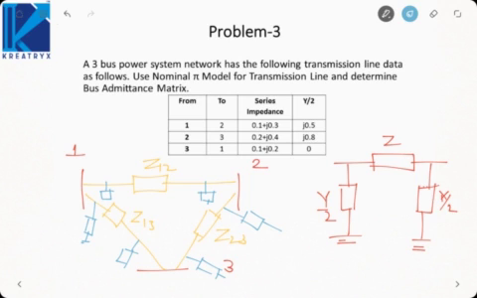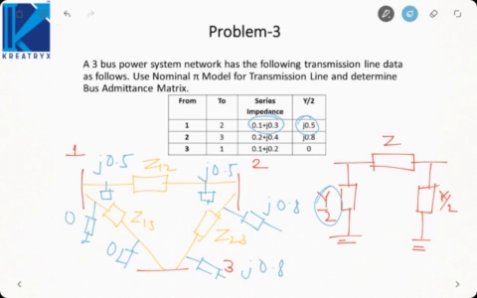Like this. Okay, these are all grounded. Now in the data we have been given series impedance as well as y by 2. Directly I have been given y by 2. So between 1 and 2 it is 0.5. So it will be j.5 here, j.5 here. Between 2 and 3 it is 0.8. So j.8, j.8. Here it is 0.